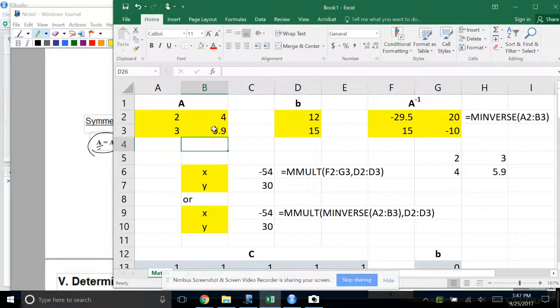Before, this was a 0 and a 3, right? But if I change this to 5.9, this becomes a 40, a negative 54 and a 30. And if I change this to 5.999, well, look at how this explodes.